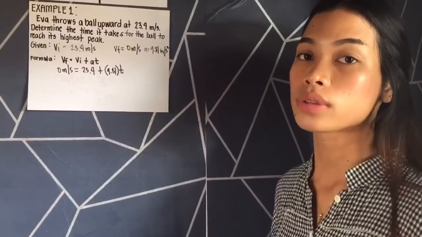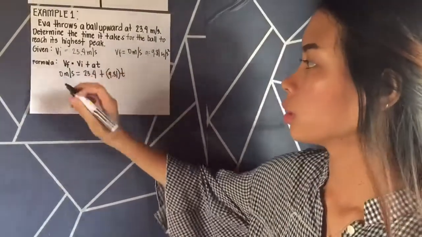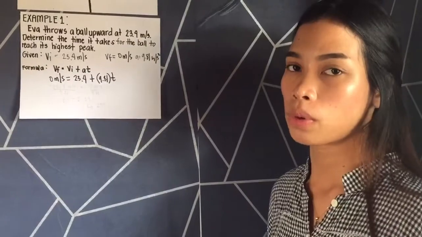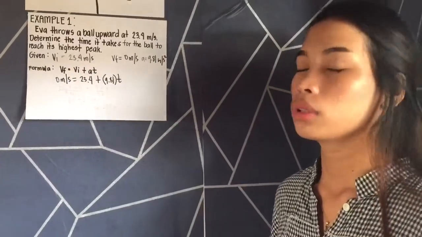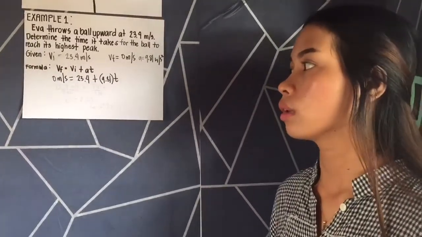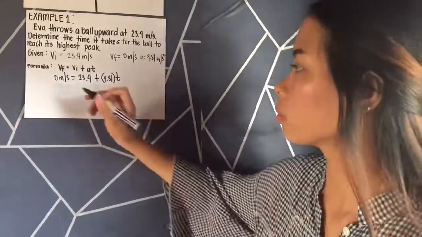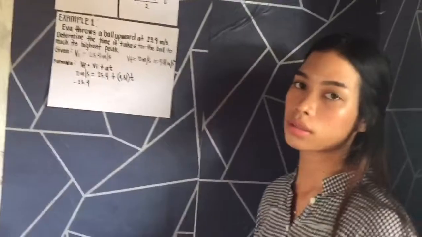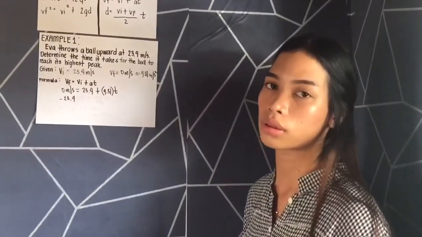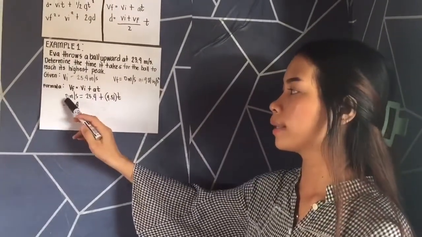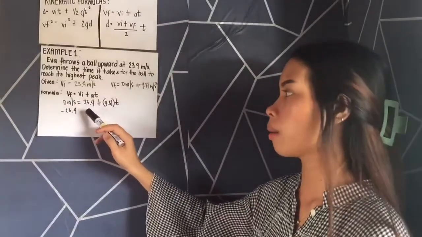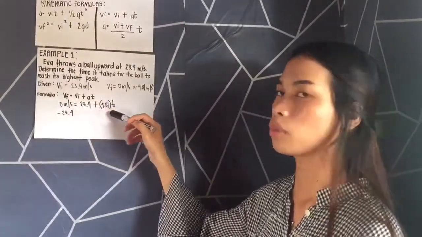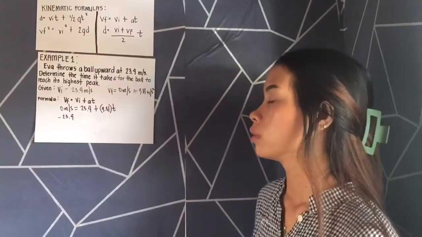In order to do that, let us transpose the 23.4 meters per second to the left. So let us substitute the given variables: 0 meters per second is equal to 23.4 meters per second plus 9.81 multiplied by our time.